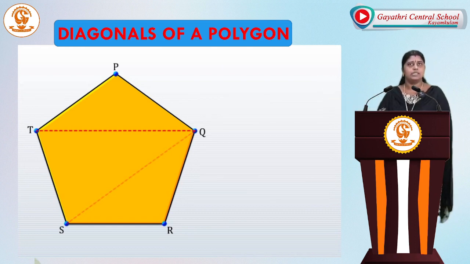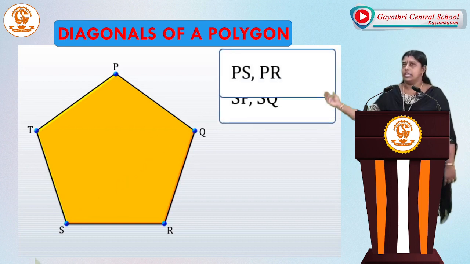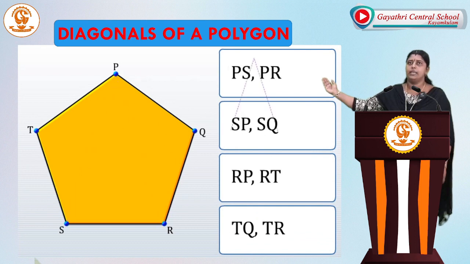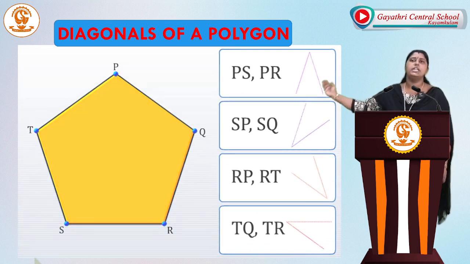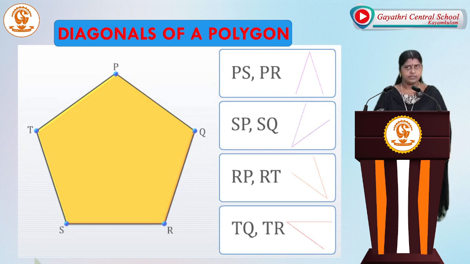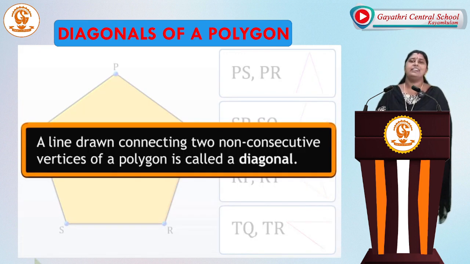So here we can see the line segments connecting non-adjacent vertices. These are the diagonals.